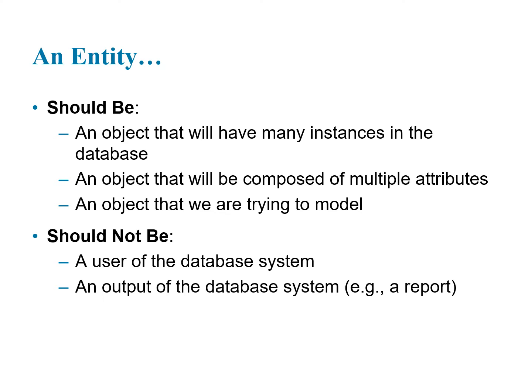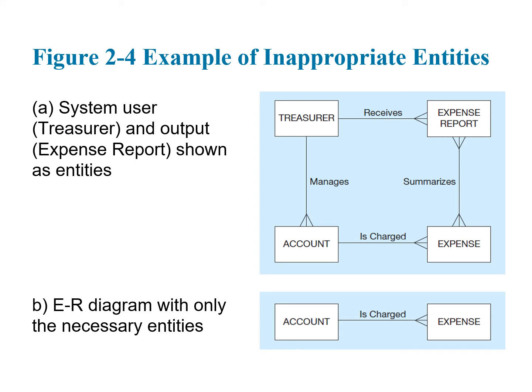Figure 2-4. Example of inappropriate entities. You can see a system user, the treasurer, and the output, expense report, shown as entities. So these are inappropriate entities. So here is the entity relationship diagram with only the necessary entities, just account and expense.